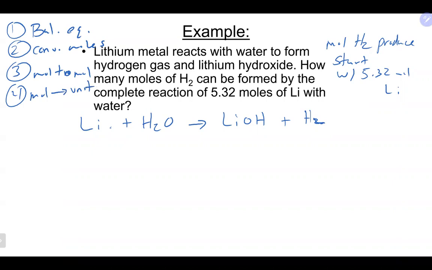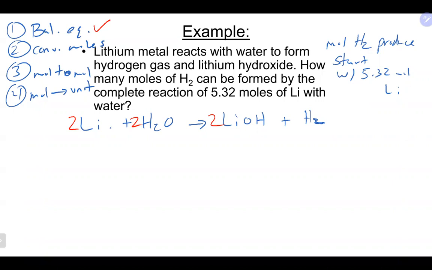So since we're getting to the end here, let's take a look together and see how you're progressing. So again, you always just want to follow these 4 steps. The first one is we want to balance the equation. It is not balanced. You do need a 2 there, perhaps a 2 there, perhaps a 2 there, perhaps no 2 there. And I think that will make it balanced at that point.